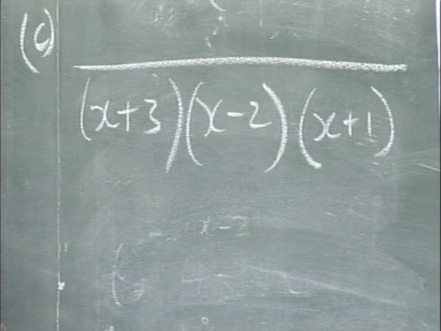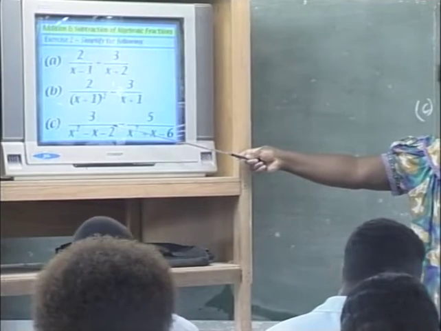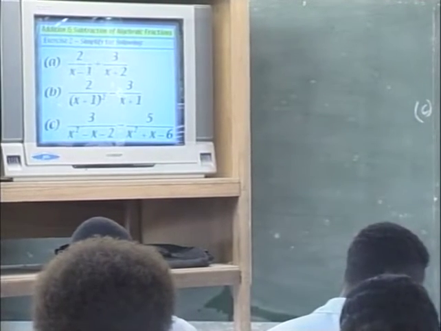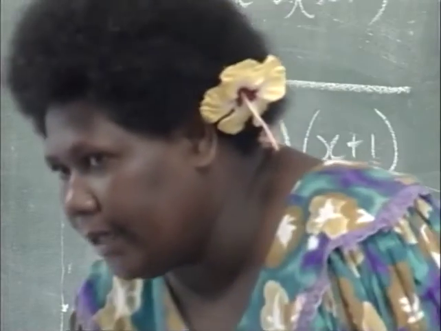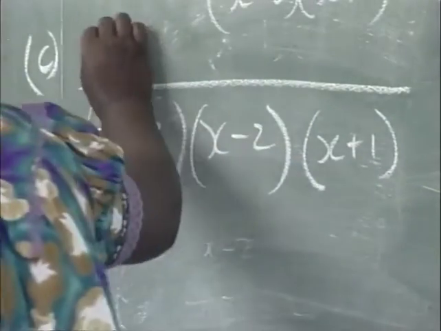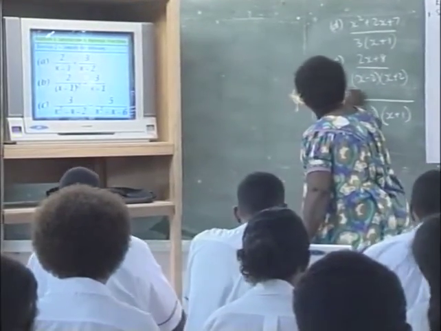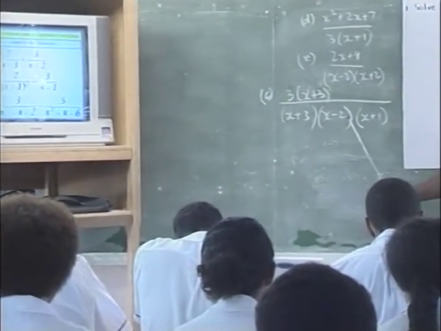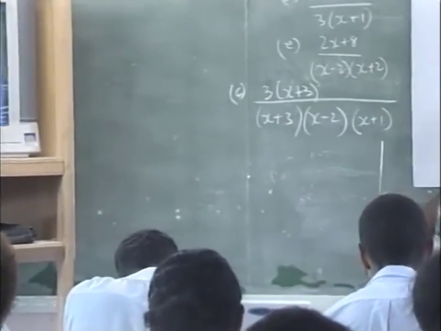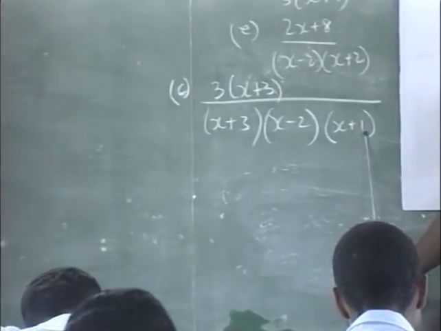Now, if I get the lowest common multiple and then I divide by this, remember this is x plus 1 times x minus 2, I will be left with x plus 3. So I multiply by 3. I do the same again. I divide this by this. This time I'm left with x plus 1.